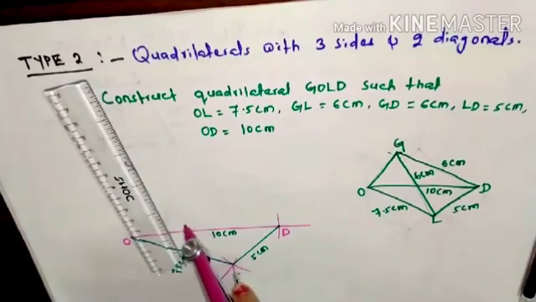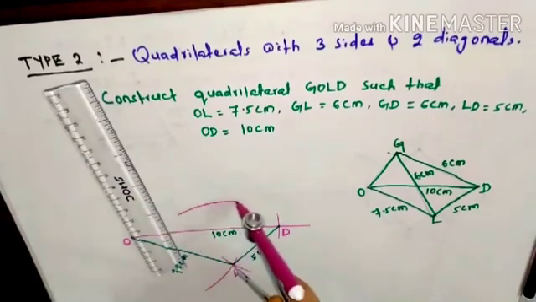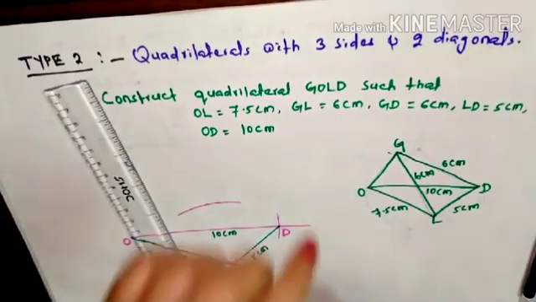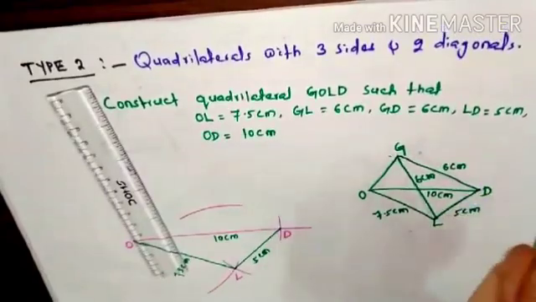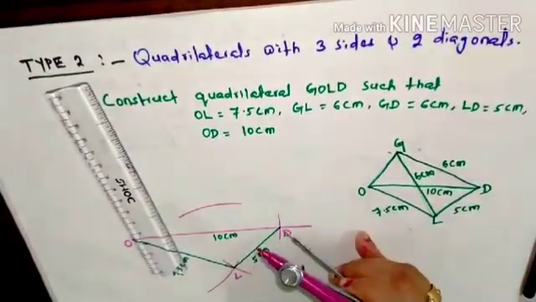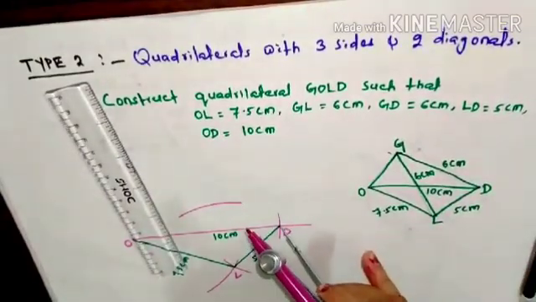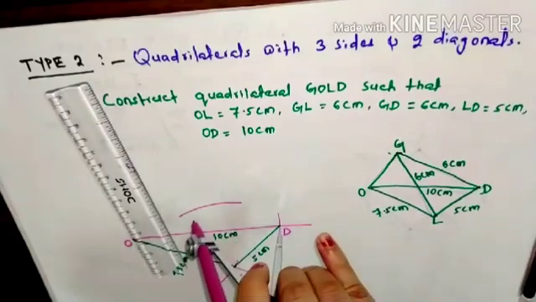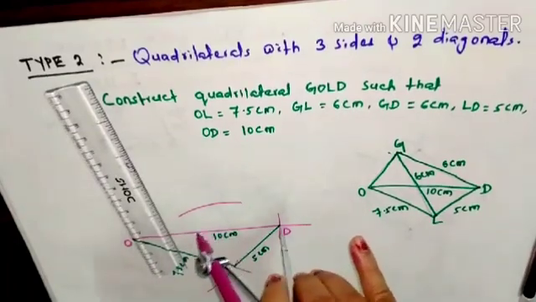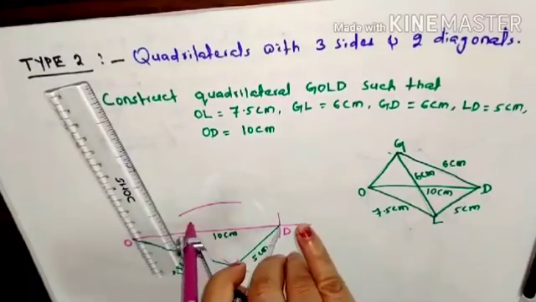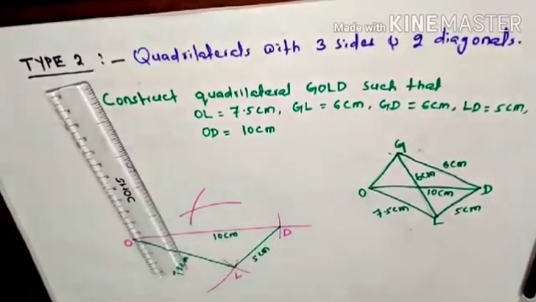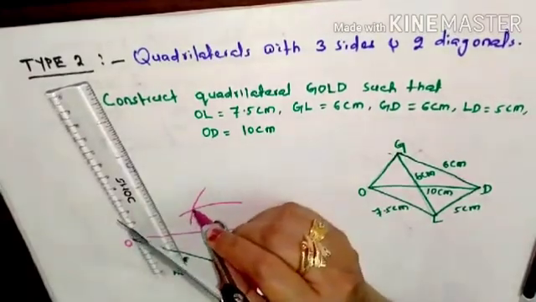Draw an arc using your compass at a distance of 6 centimeters, and GD is also 6 centimeters, so no need to change your measurement. After that, taking D as center, draw another arc at a distance of 6 centimeters. Now you are getting your intersecting point.